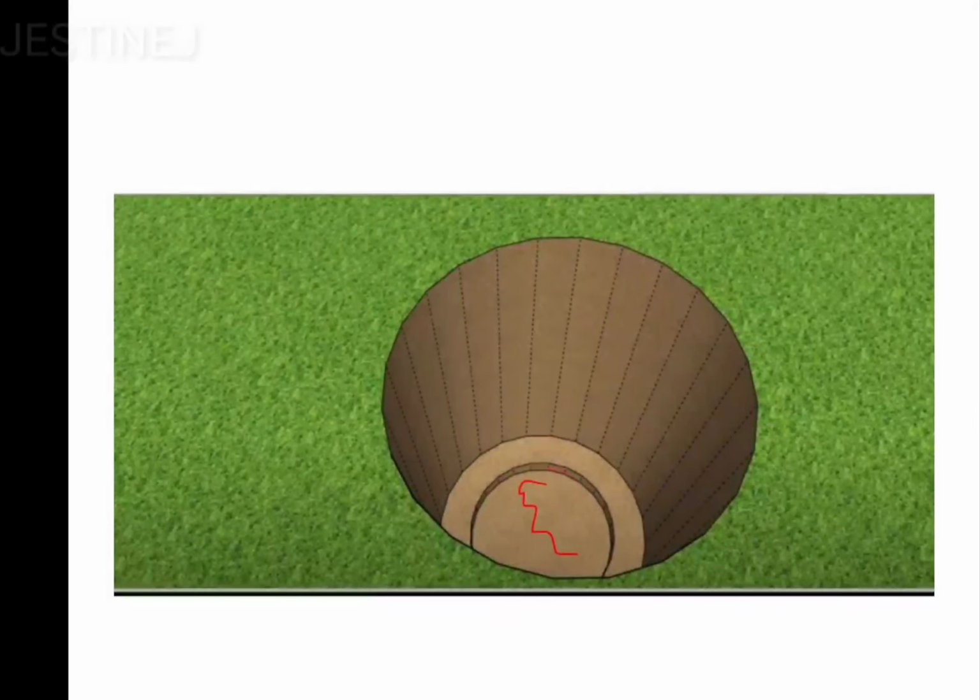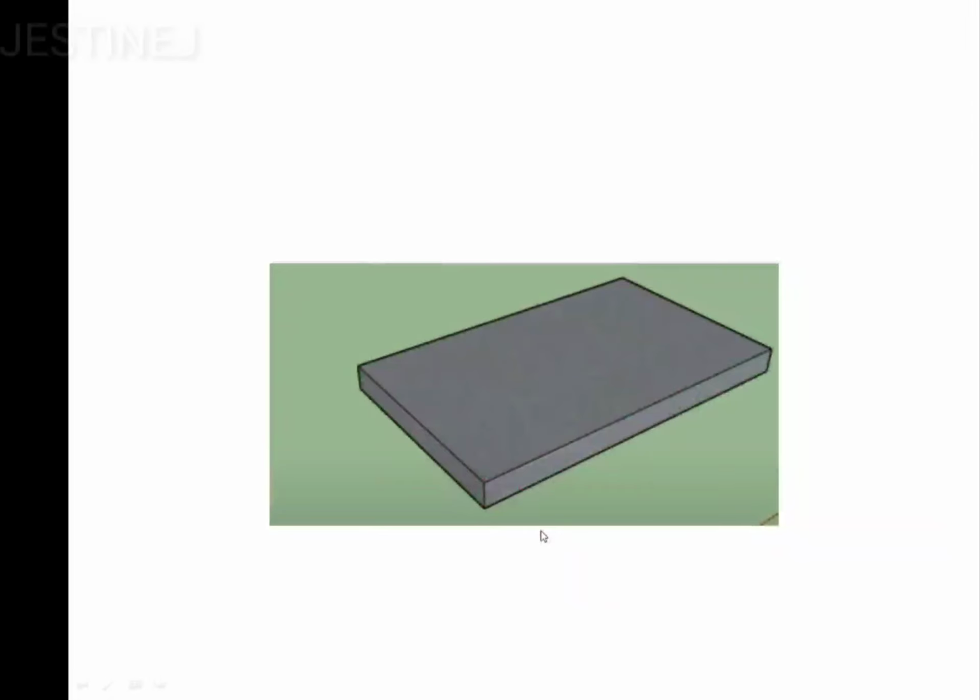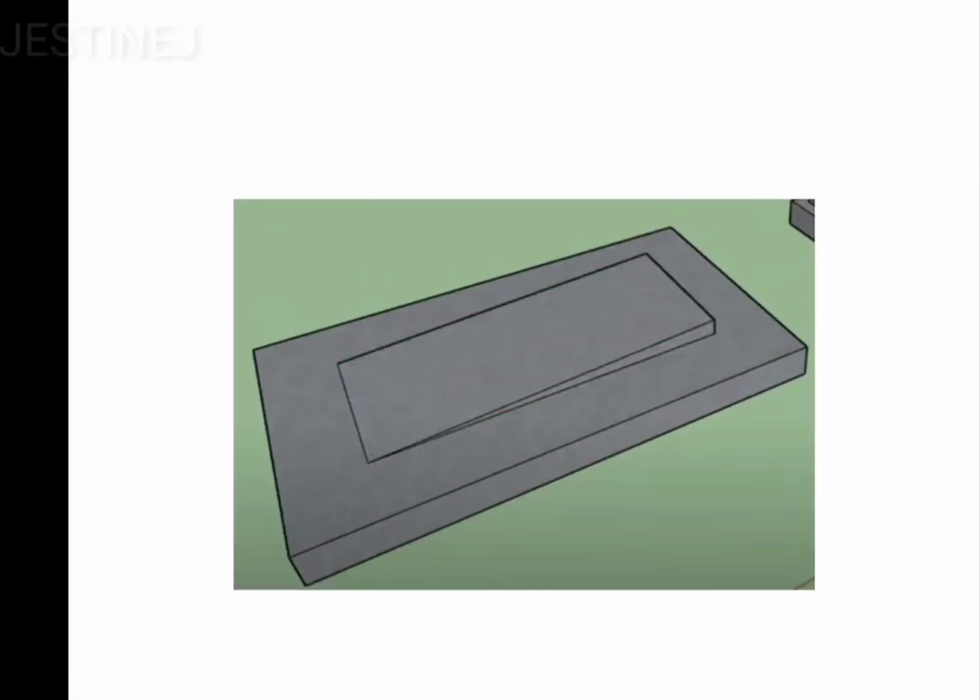Then a slab is provided under the septic tank, and a sloping surface is also provided over the septic tank. Over this is the first slab and this is the sloping surface.